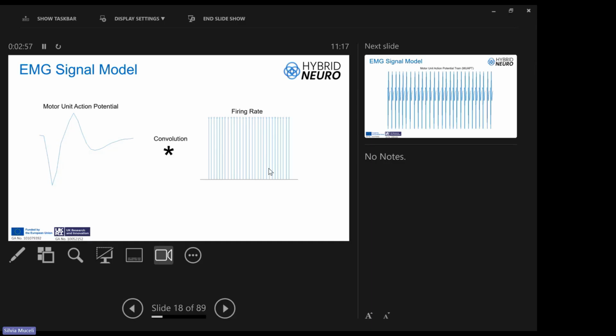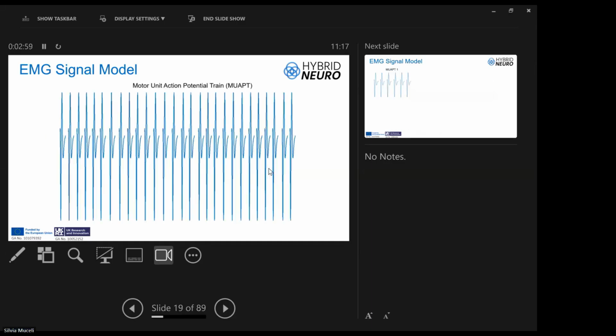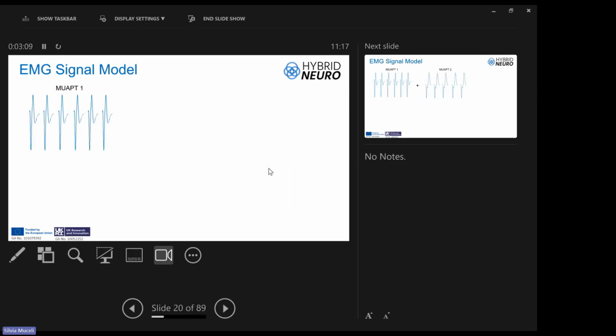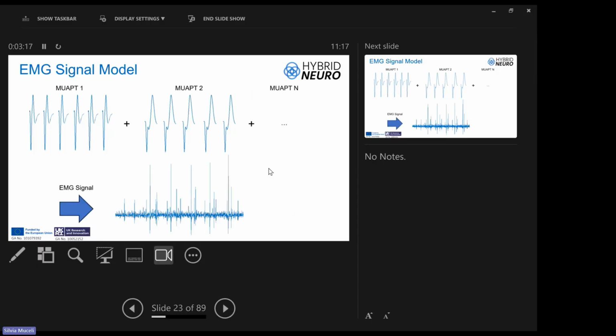If we convolve these two together, we will have a train of motor unit action potentials. And if we put these trains together, we sum all of the trains that we have for each one of the motor units. In the end, we can create the EMG signal by summing all of them together.